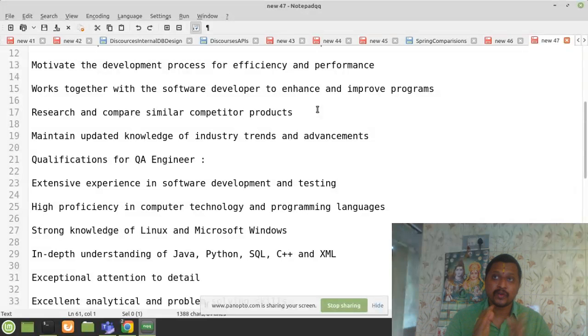That means you need in-depth knowledge to automate in Python. If we want to automate in Java, he needs to know Java. If in C++, he needs C++.